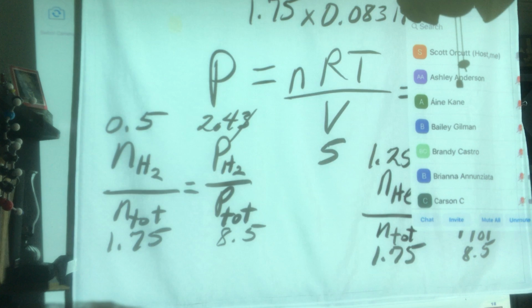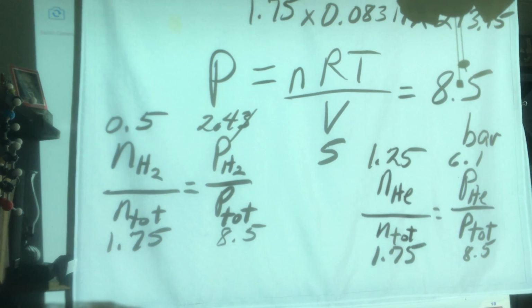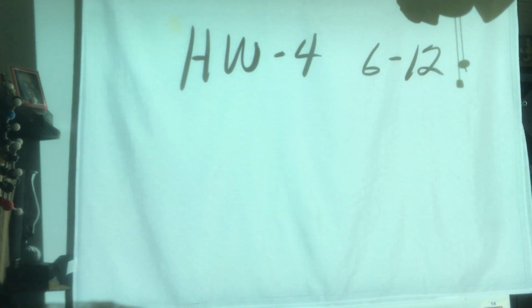Okay, so the homework, let me give you the homework first. The homework is 6-12A, and this will be homework 4. That is a problem using a mixture of gases.